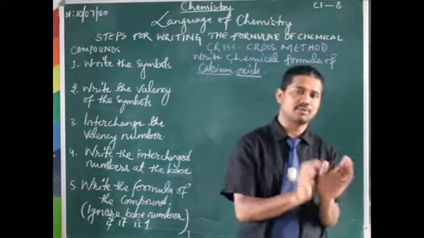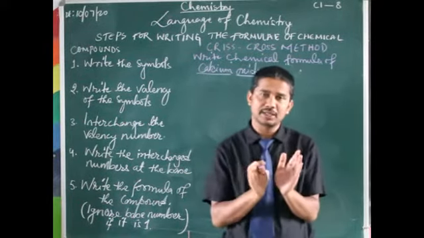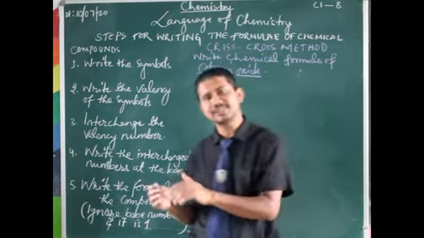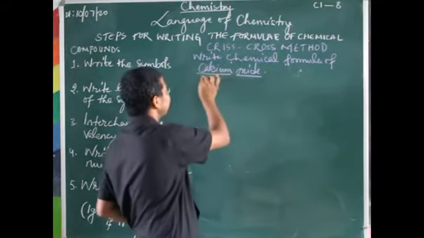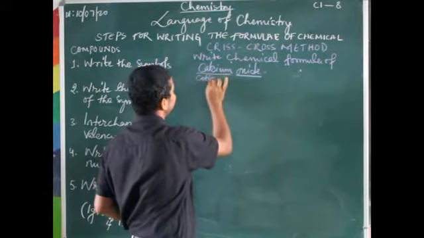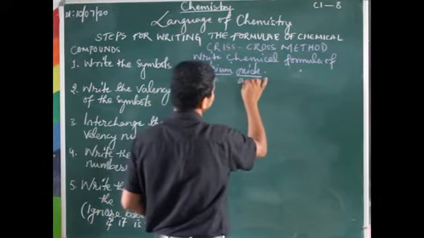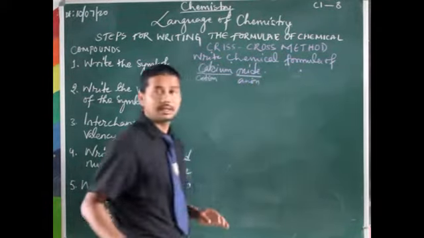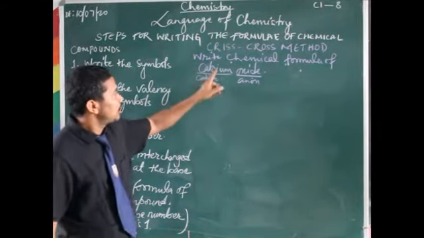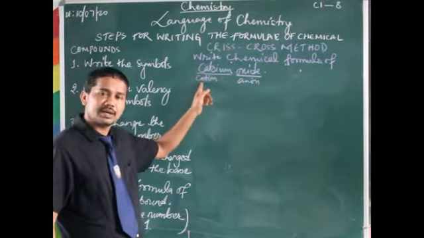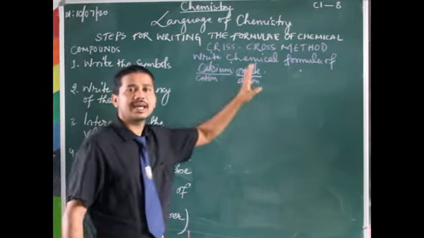One is cation, one is anion. One is basic radical, another is acid radical. So this is basic radical or cation, this is anion or acid radical. And what is the tip that I gave you? On the left side is always cation, on the right side is always anion.